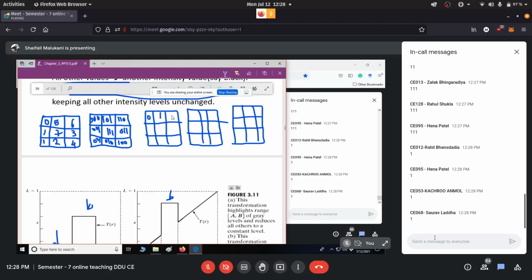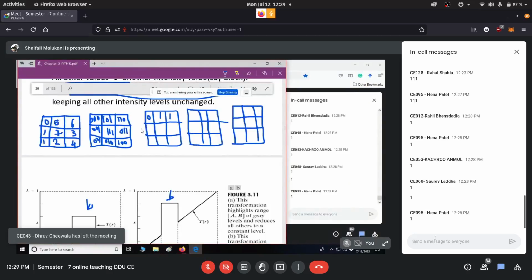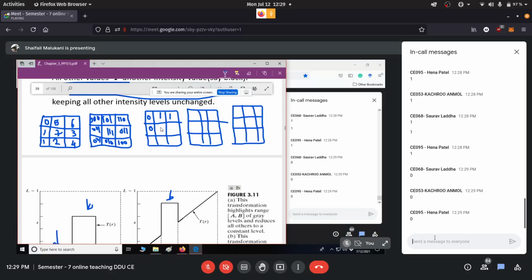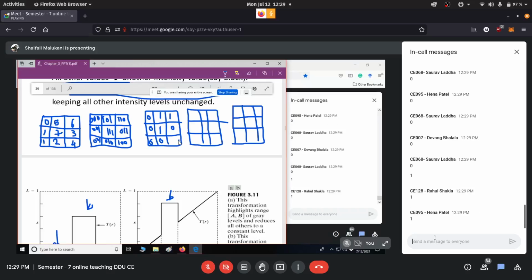What will be this value here? MSB of this pixel is 1, right? What will be this value here? 0. Okay, here 1. What about this? 0. Here it will be 0. What next? 0. What next? 1. True. So this is my plane.